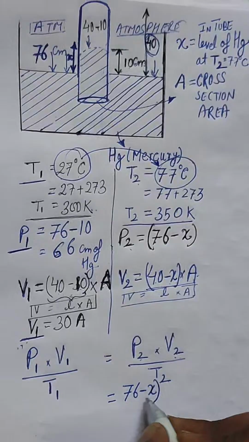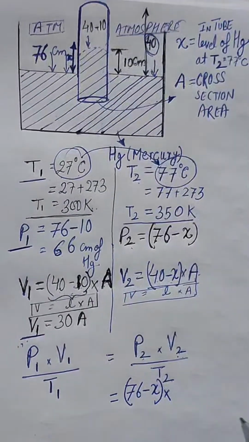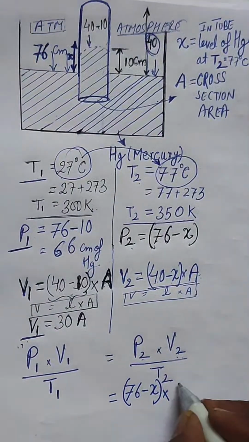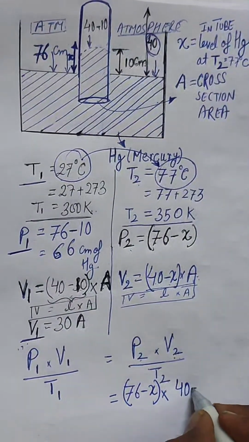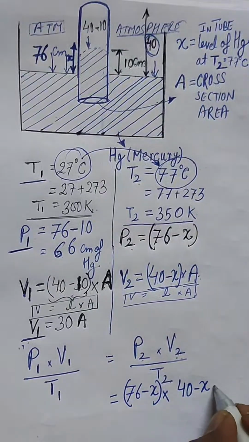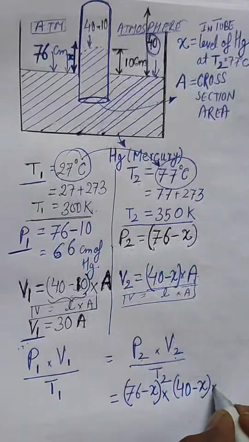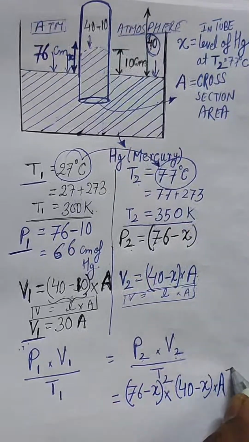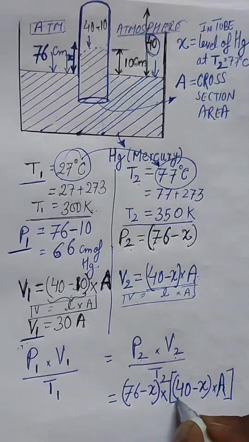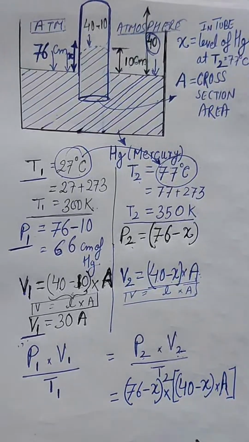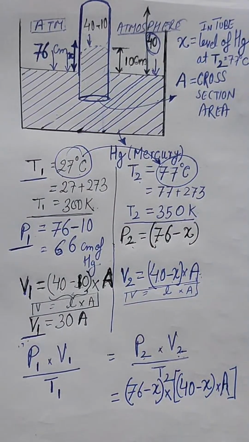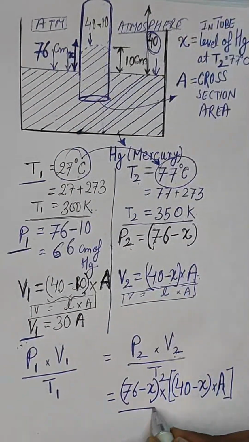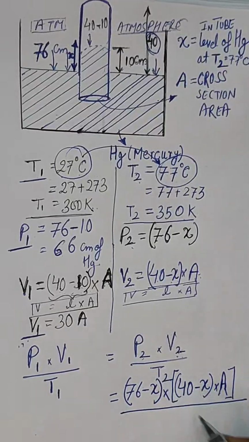76 minus X. What is V2? V2 is 40 minus X into A, divided by T2.